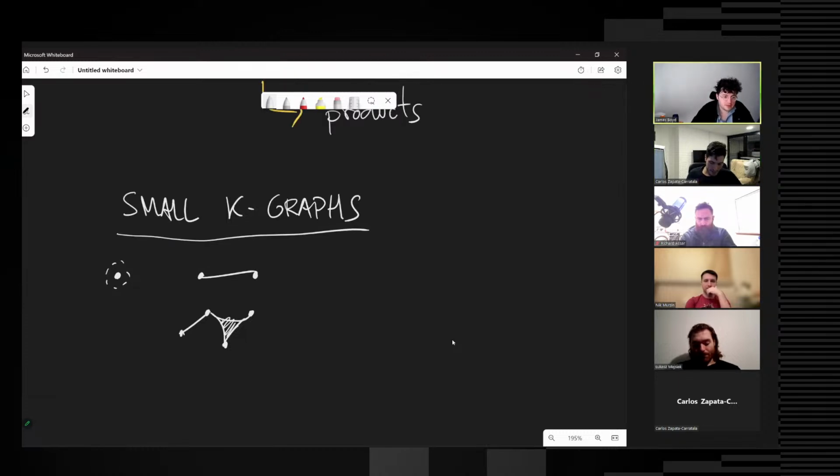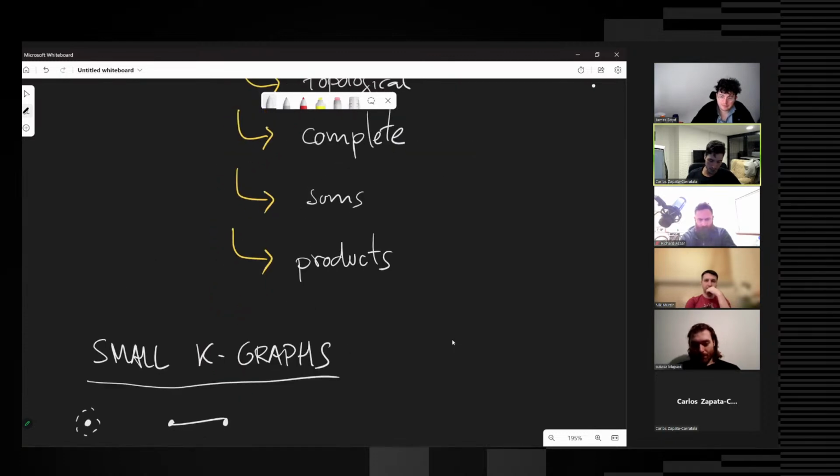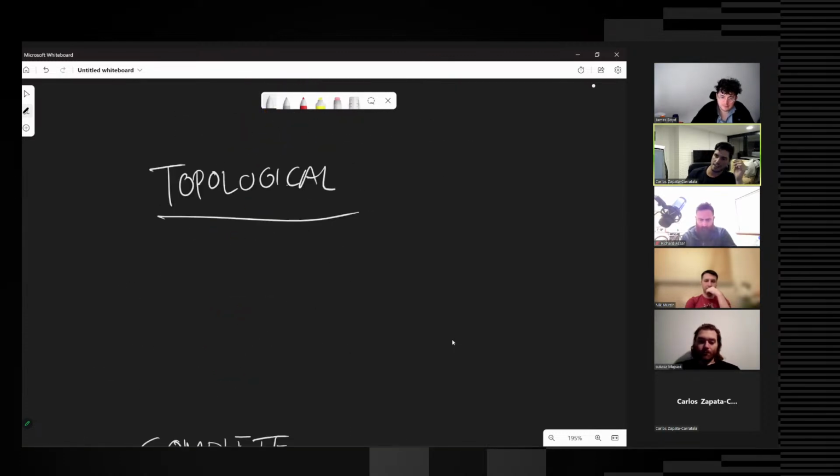Then the other interesting ones are the topological hypergraphs. Topological hypergraphs are hypergraphs that can be thought of as simplicial complexes that are models for some topological spaces.